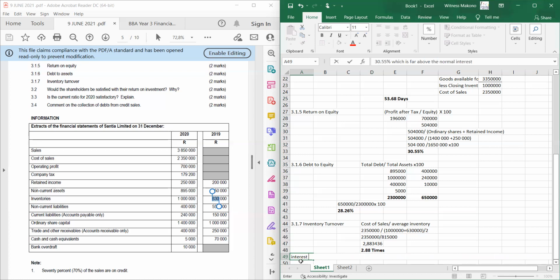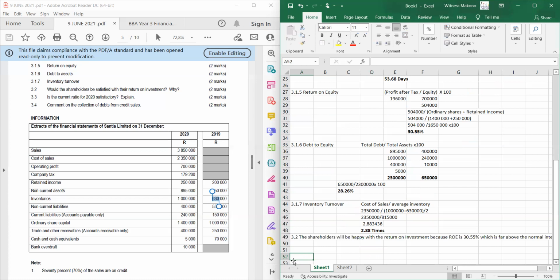The normal interest rates that we know in South Africa are not even close to 30%. So that return is good, because they are getting far more than the prevailing interest rates anywhere in South Africa. So that is good.